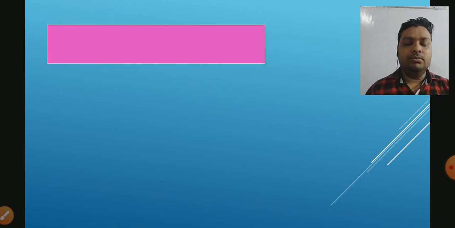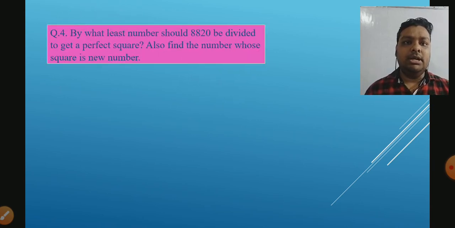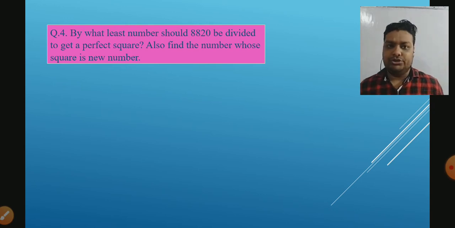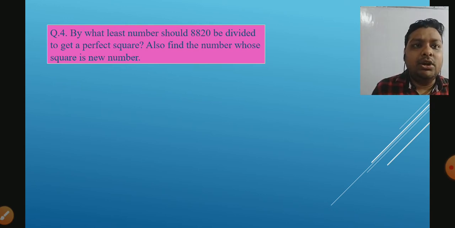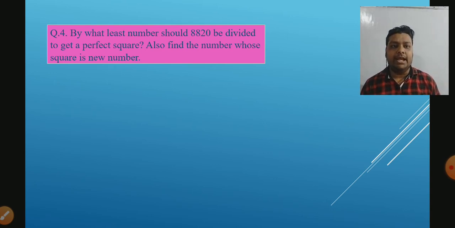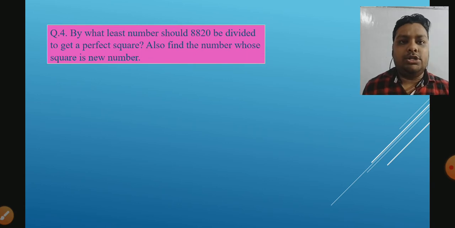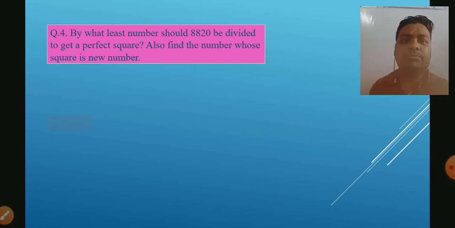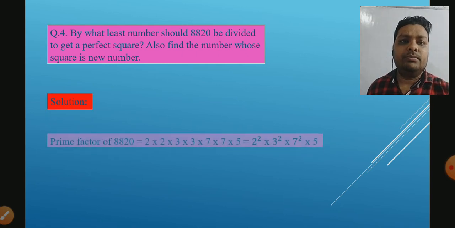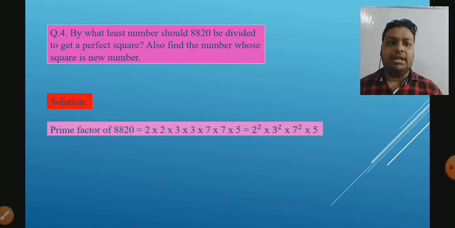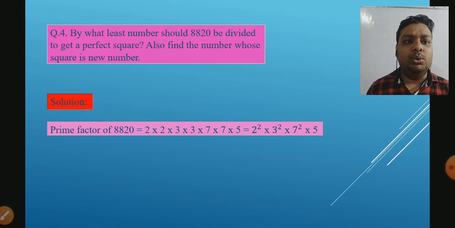So now all the students, let's see another question. Here same question, but here it is written divided, not multiplied, and instead of 2156 here it is written 8820. Okay, same process we will follow in this question also. Now here the prime factor of 8820 will be 2 two times, 3 two times, 7 two times and only one 5.